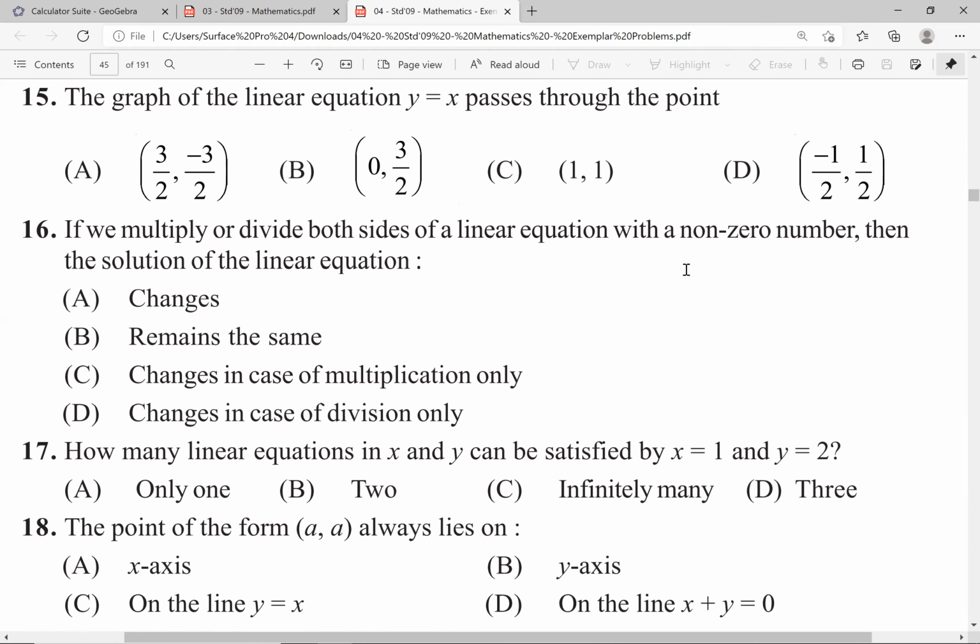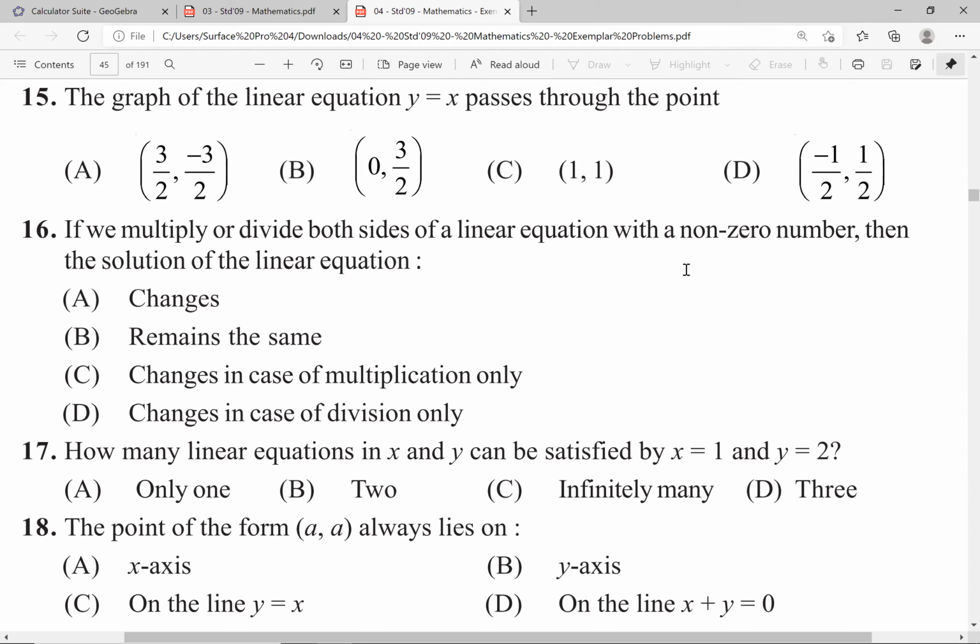Okay, 15th question. Now let's see who answers this first. Ma'am, C. Yes, it's going to be C because y and x have to be the same.